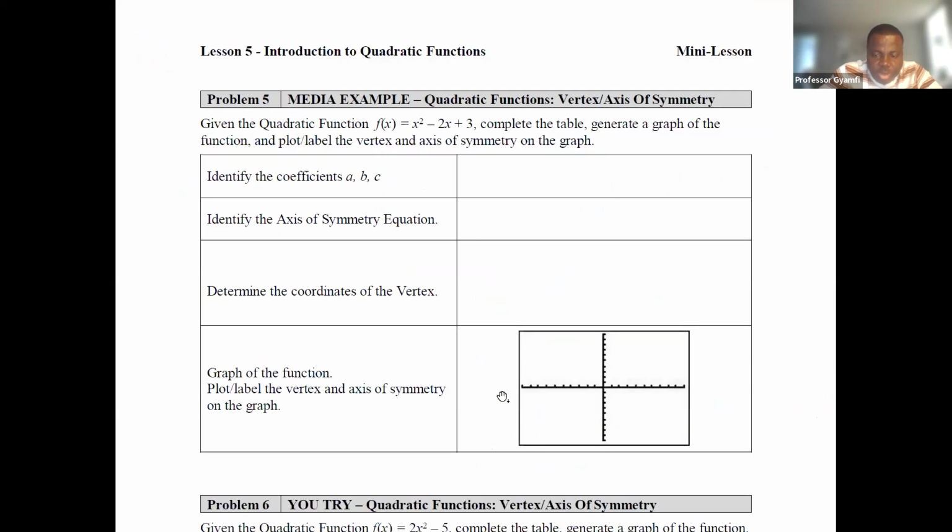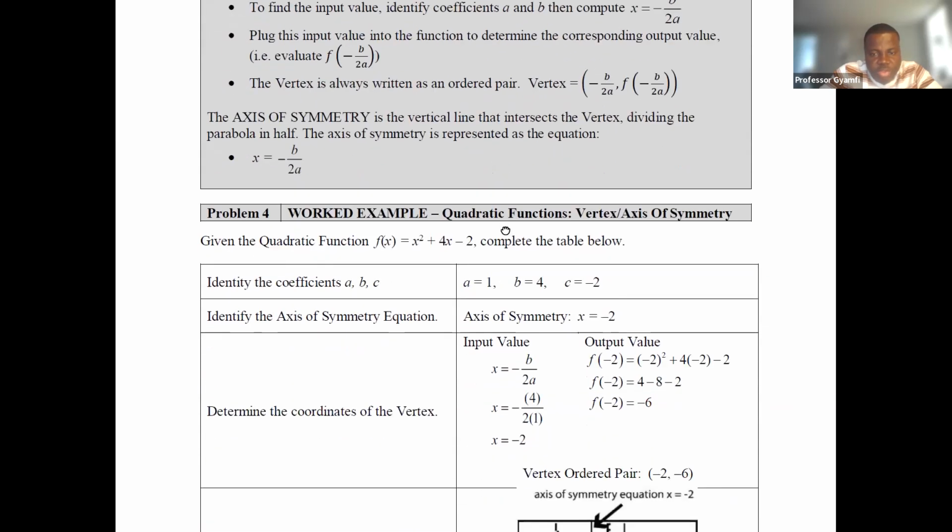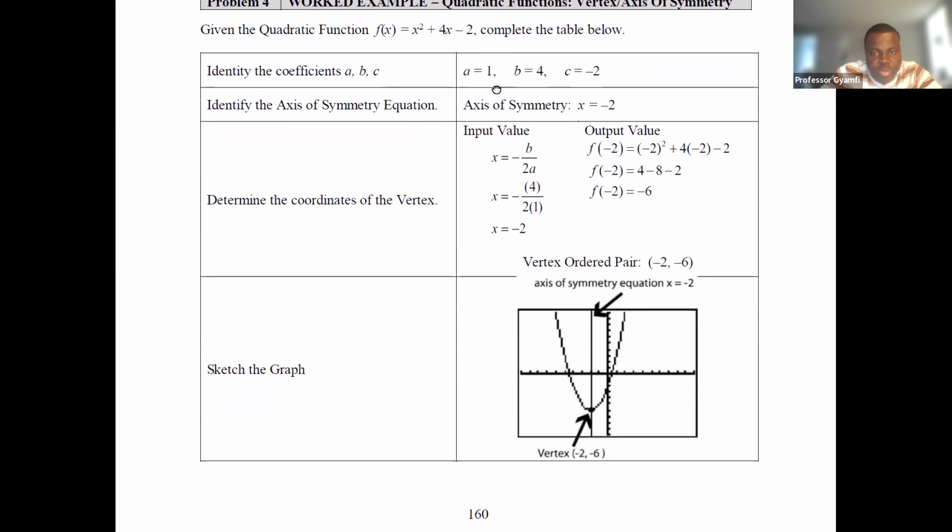Now it says we should sketch the graph. So remember that you have your vertex, which is the lowest point, negative 2, negative 6. Now, do we know our y-intercept?